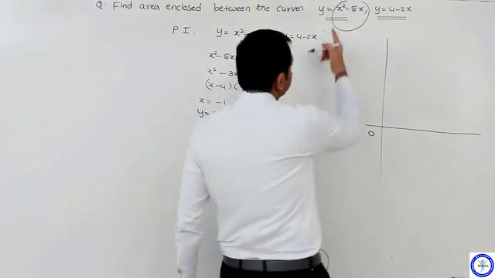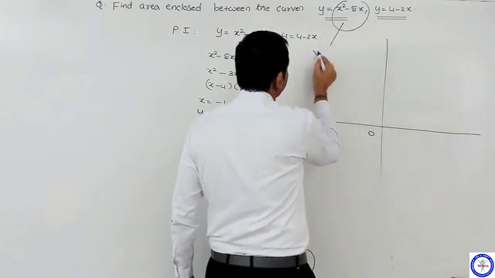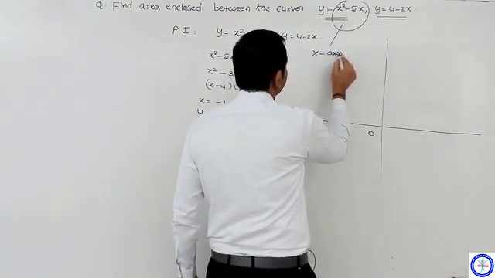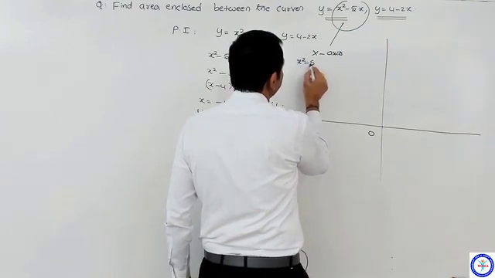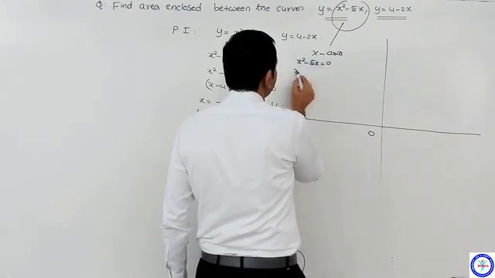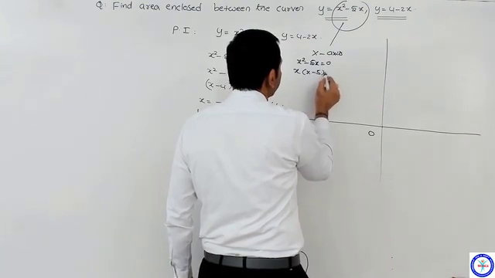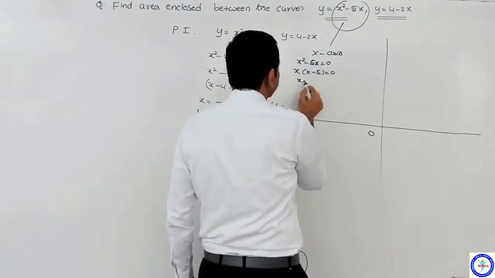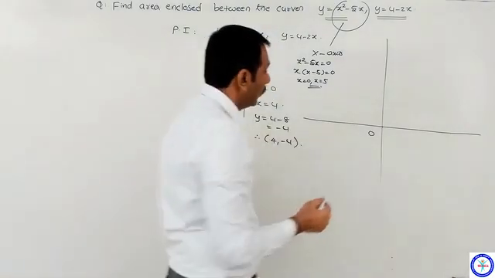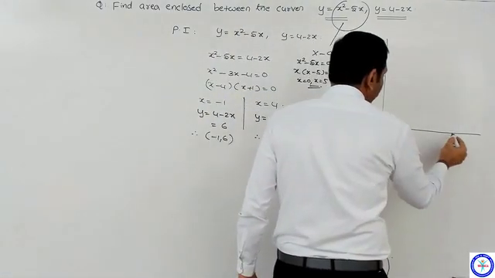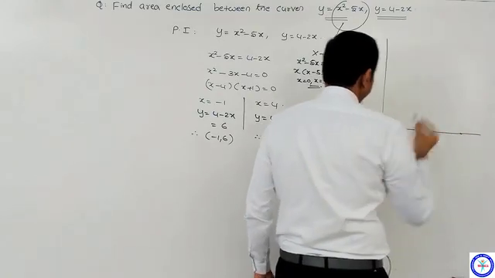What are the points where this will intersect the x-axis? On the x-axis y is 0, so x square minus 5x equal to 0, x into (x minus 5) is 0, x equal to 0, x equal to 5. Therefore, 0 and 5, somewhere here it is.